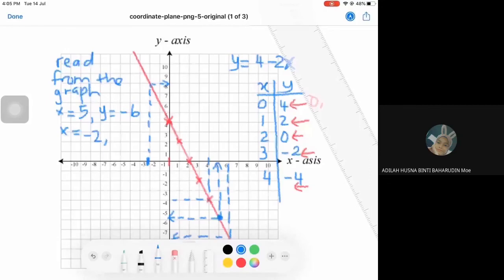Dan seterusnya, if you have a bigger graph, you can read other values from the graph. Tak perlu kira dah pun, boleh baca je daripada graph. Okay. Faham tu kelas? Faham, teacher. Okay. Dan so basically yang tu je lah yang kita nak belajar petang ni.